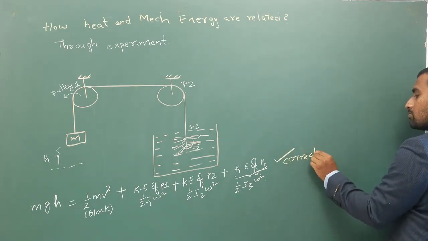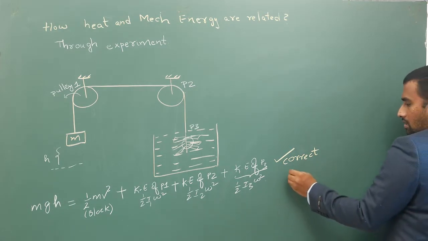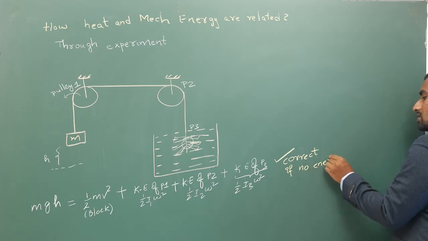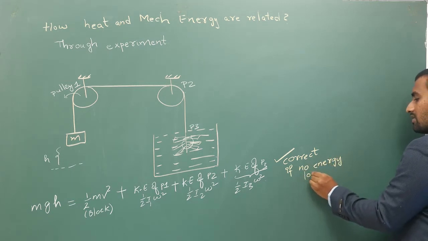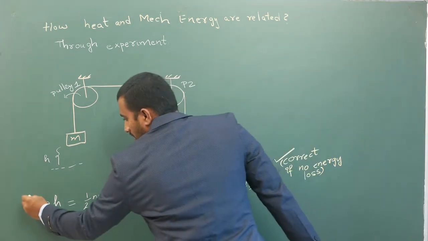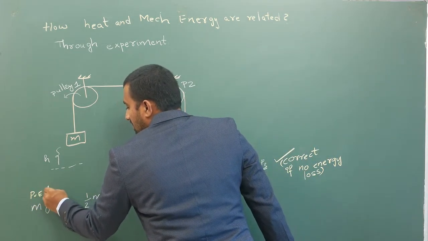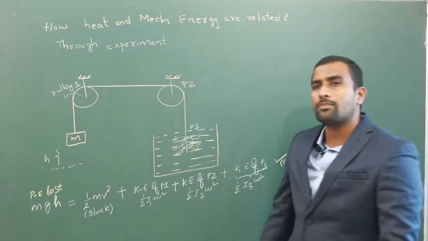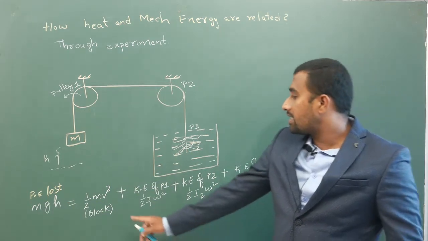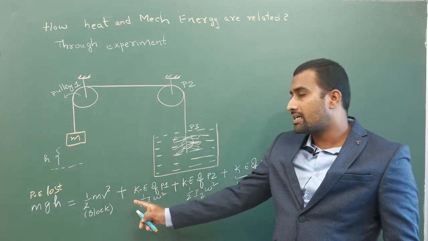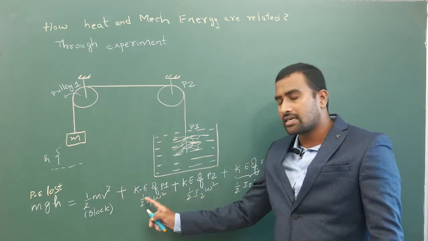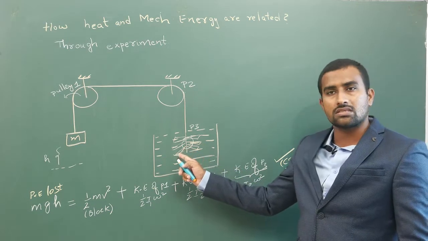If no energy loss is present in the system, whatever potential energy is lost, this part, will get converted into the kinetic energy of this block plus the kinetic energies of these two pulleys as well as this third pulley.